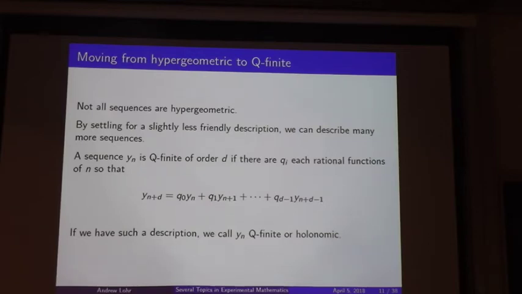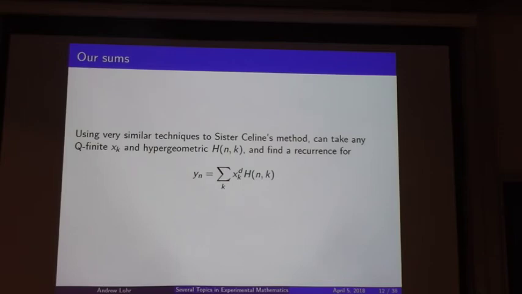Okay, so that is what Q-finite is, and we've got a lot of nice closure properties. And so these are the kinds of sums that we're going to be considering. Just like in Sister Celine, we're allowed to have some hypergeometric stuff, but we're also allowed to have a Q-finite sequence in K that we're multiplying it by, to the D.